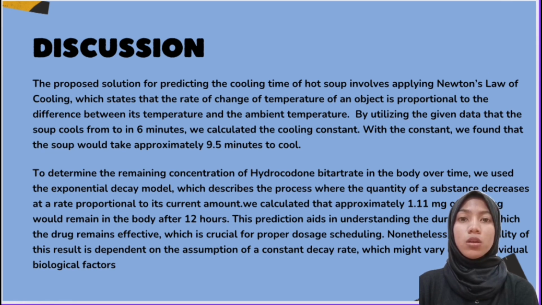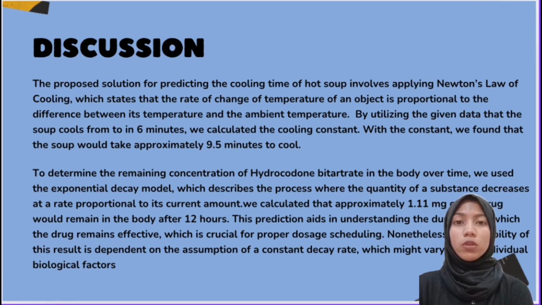Next, to determine the remaining concentration of hydrocodone bitartrate in the body over time, we use the exponential decay model, which describes the process where the quantity of a substance decreases at a rate proportional to its current amount. We calculate that approximately 1.11 mg of the drug will remain in the body after 12 hours.